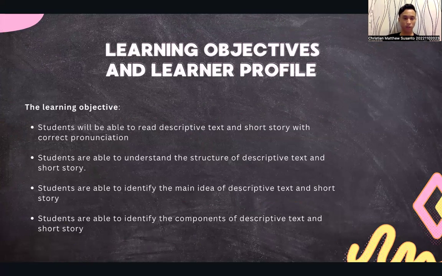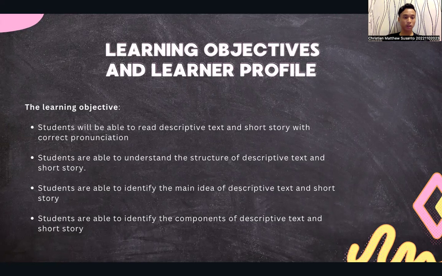So the learning objective, we can categorize it into four parts. First, students will be able to read descriptive text and short story with correct pronunciation. Second, students are able to understand the structure of descriptive text and short story.